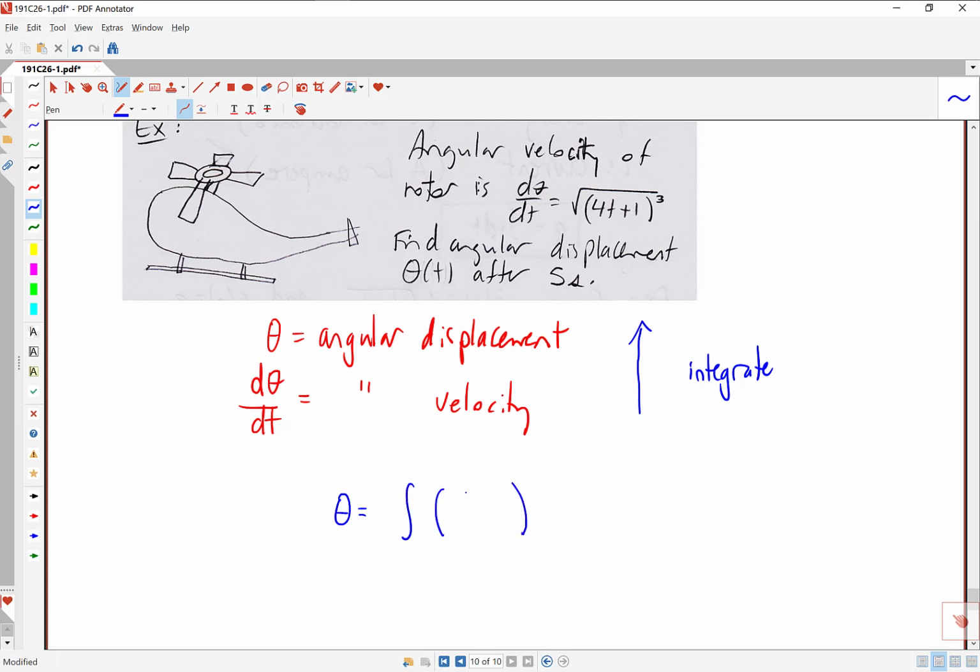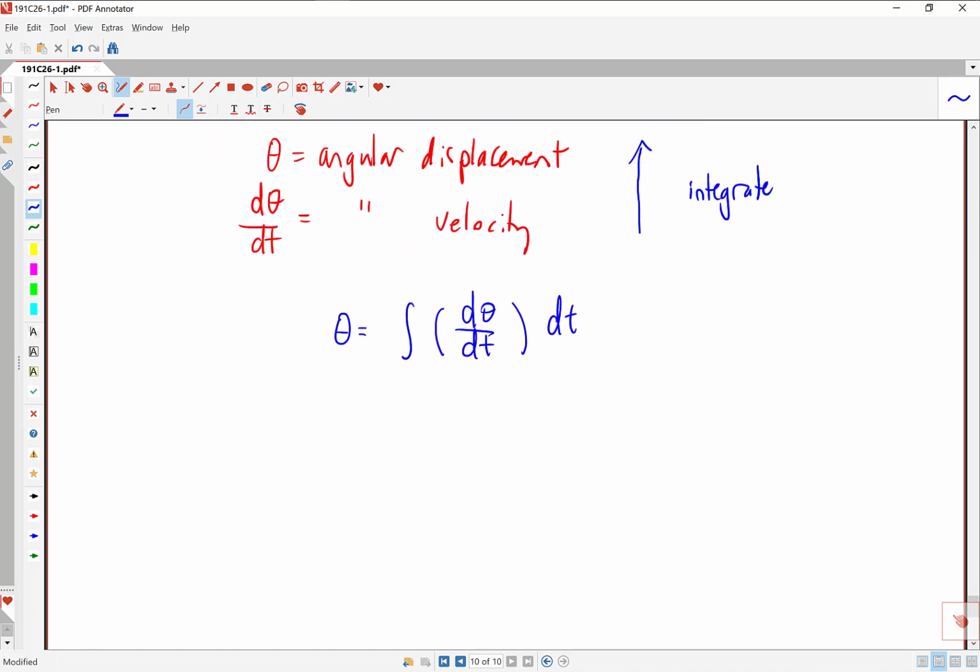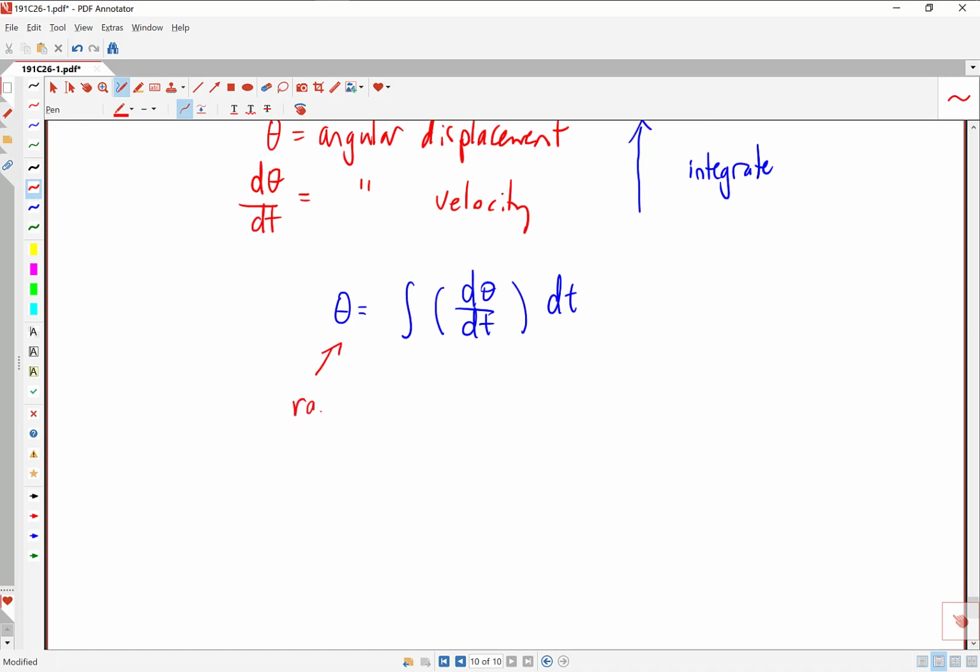So we need to take the integral of d theta by dt, and we are integrating with respect to t. You can convince yourself that the units work out here because theta, your angular displacement, is measured in radians. And d theta by dt is radians per second. dt is a little chunk of time, so that's measured in seconds. So yeah, the units work out. If you multiply these two on the right, you do really get back to radians.